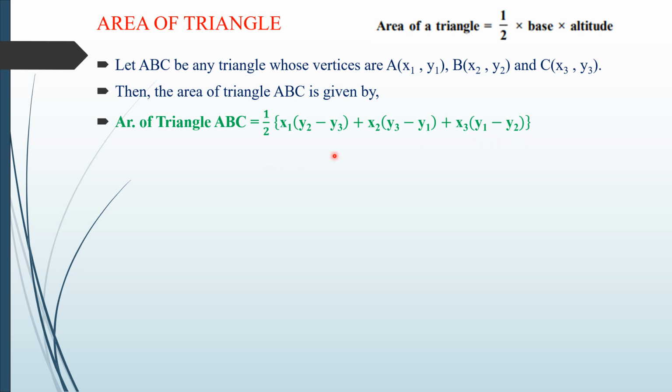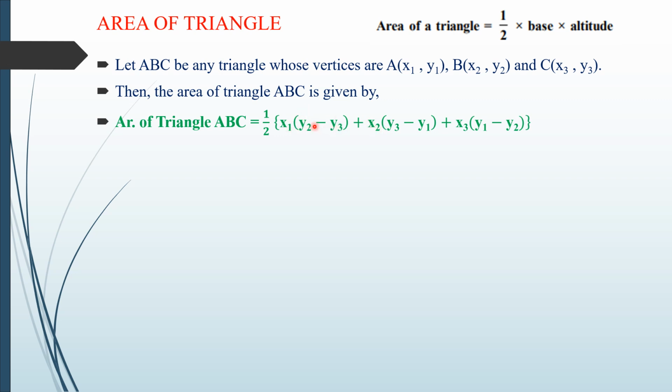How to remember this formula? Half we write usually as it is in the area of triangle formula. Then we can see here 1 2 3, then 2 3 1, then 3 1 2. This 1 2 3 is rotating in this direction: 1 is shifting to the right, on the left hand side, 2 is taking one's position, 3 is taking two's position.